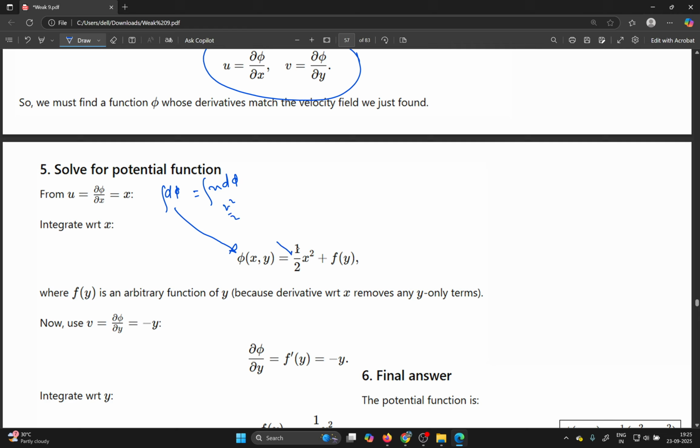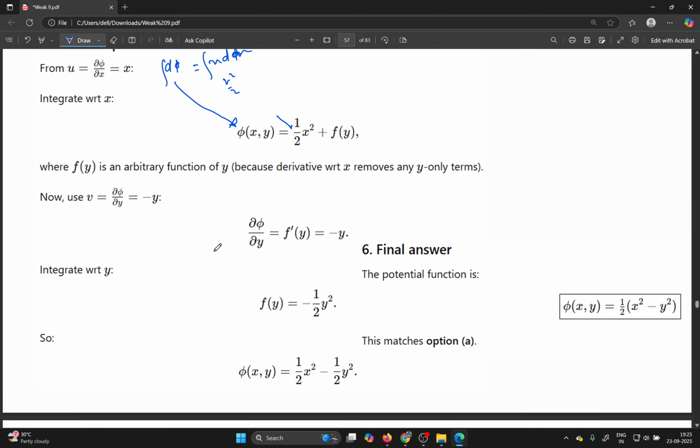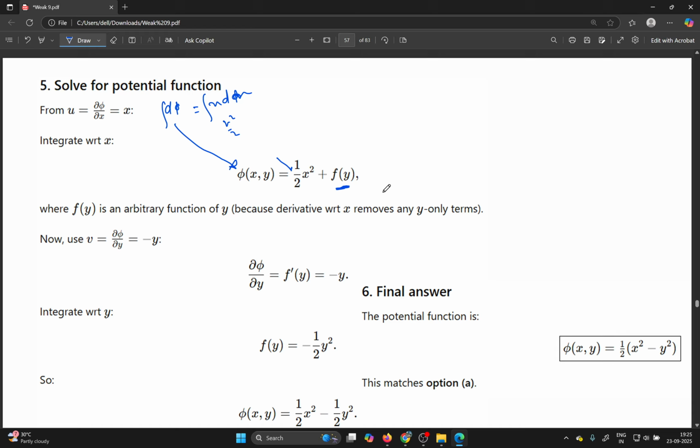That is why half x square is written here, and you will get one constant, which is a function of y, f of y. Here f of y is your arbitrary function of y, because the derivative with respect to x removes any y-only terms.